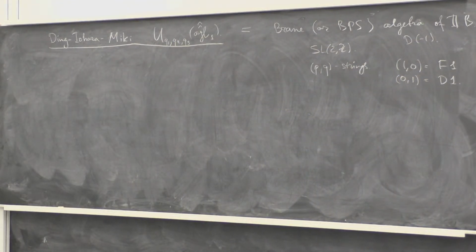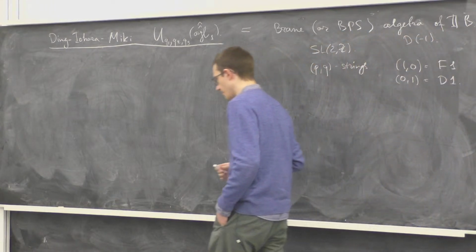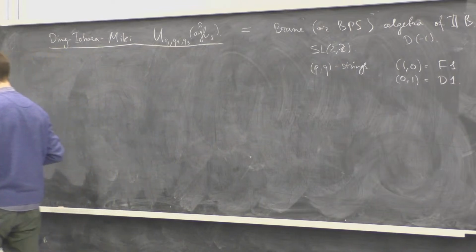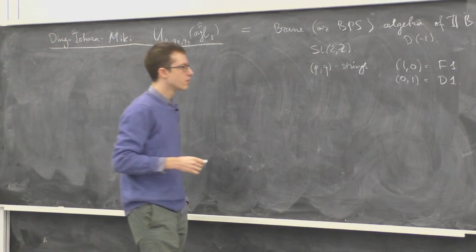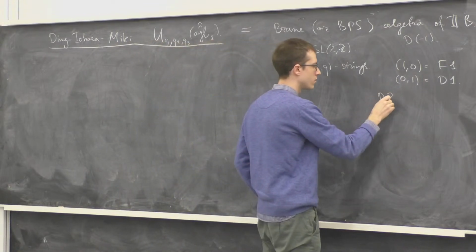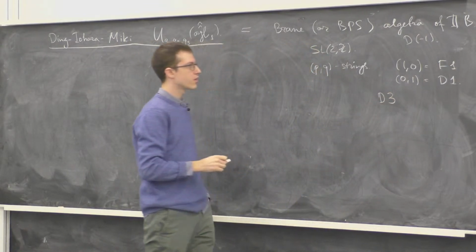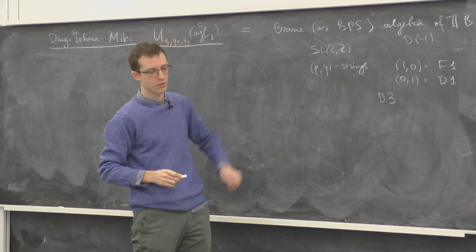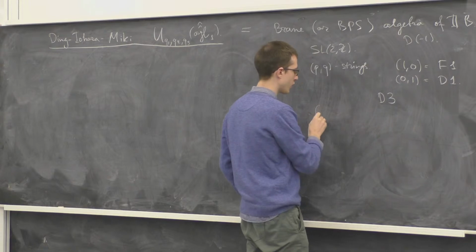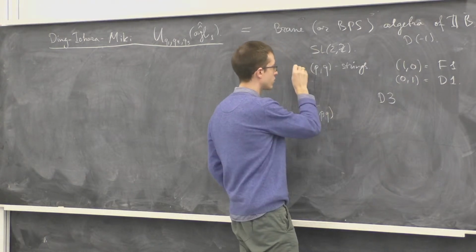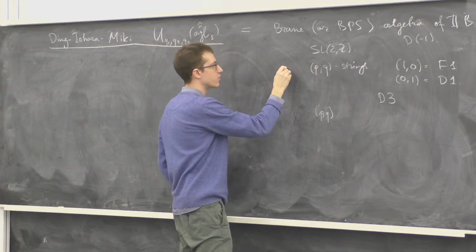So this I'm not going to enter explicitly. But then, in order of increasing dimension, there are D3 branes, right? So the D3 branes, they're SL2Z invariant. And then there are PQ5 branes. So let me list them like this.